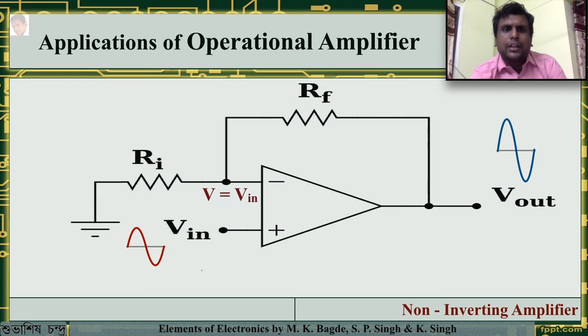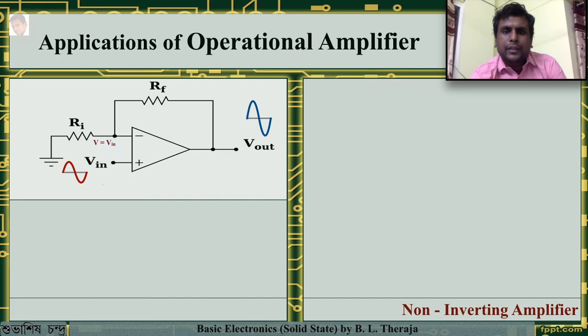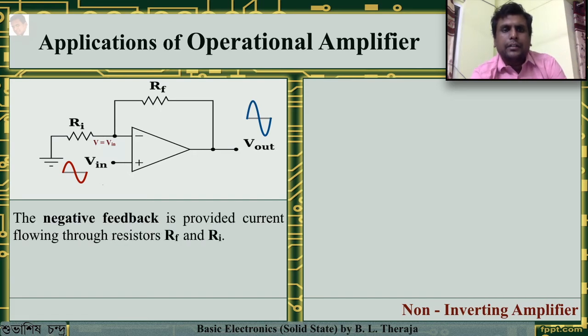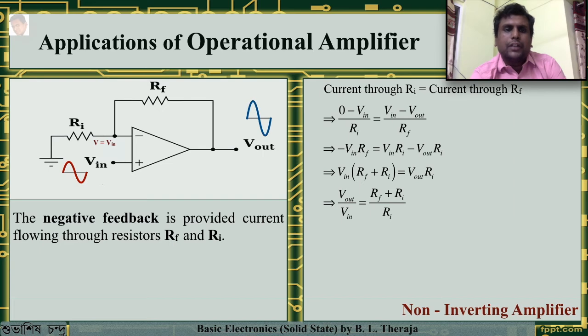Let's move on to the mathematics of the non-inverting amplifier. The negative feedback, as you can see, is provided through the resistors RF and RI. That is, the current through RI is equal to the current through RF. Again, writing the equation, we find this. Solving it, we get V out by V in equals RF plus RI by RI.